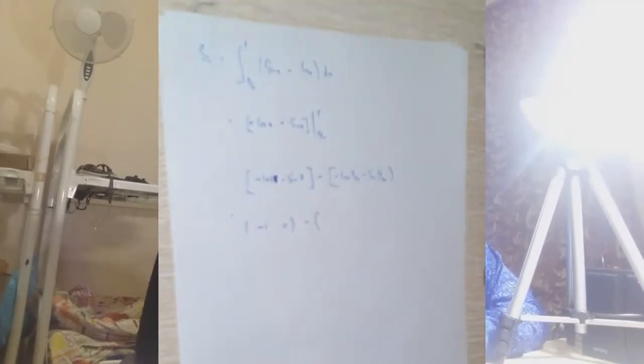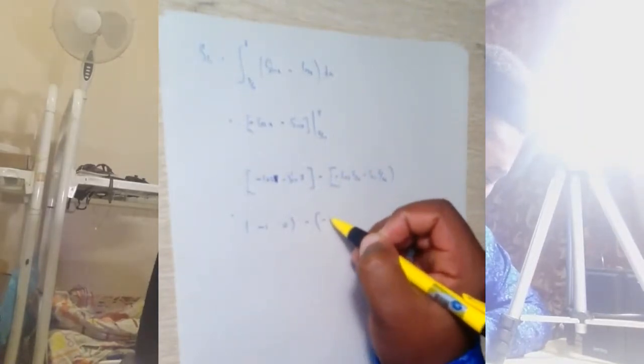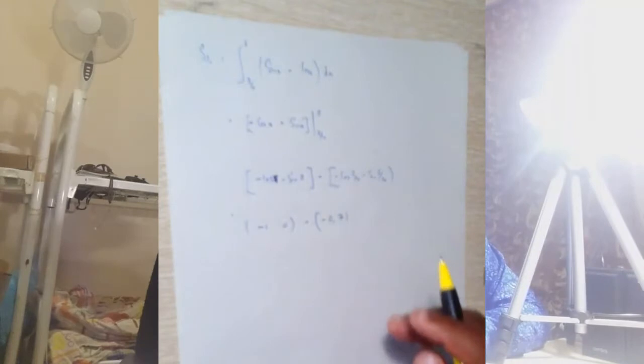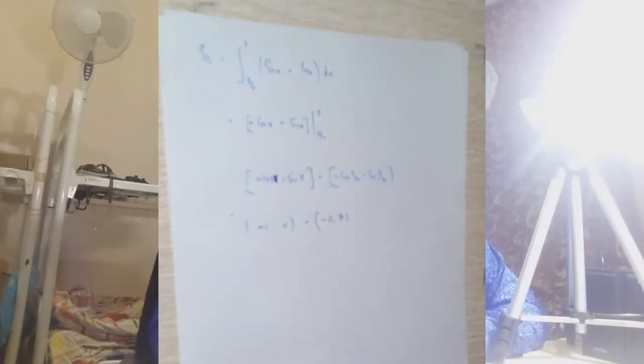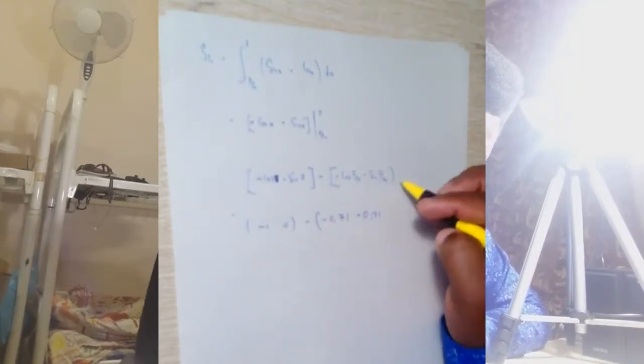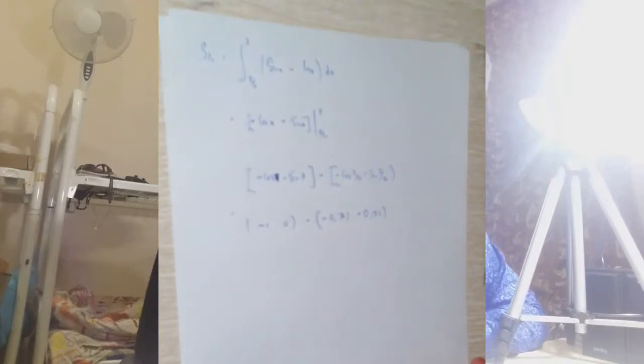Minus cos pi divided by 4 gives me negative 0.71, rounded to 2 decimal places, and this also gives me negative 0.71, also rounded to 2 decimal places.